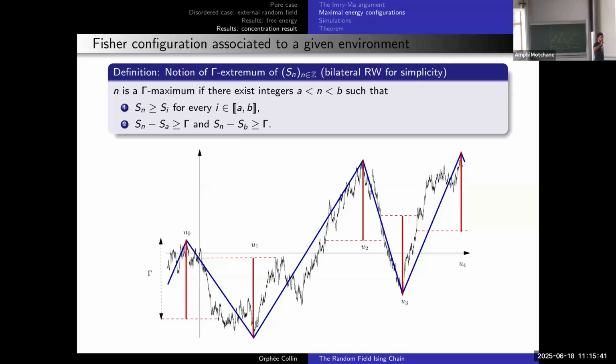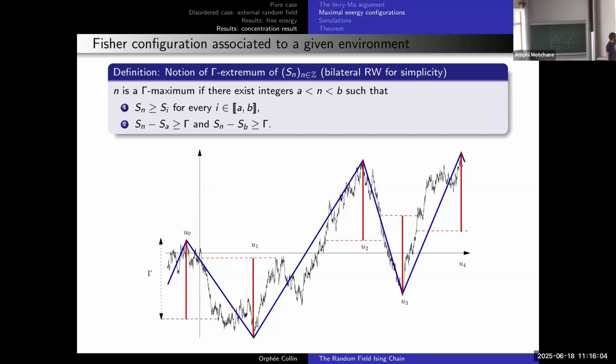So you can think of it, in this picture, U2 as the peak of a mountain of height at least gamma, and U2 is the bottom of a valley of depth at least gamma. This is the definition of a maximum, but you can define it for a minimum likewise.